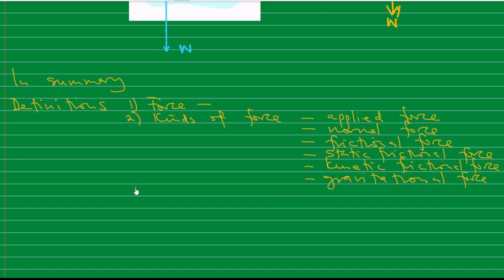We also went on to cover the free body diagram, which is basically a diagram that we draw showing all the forces that are acting on an object. The object is represented by a dot, and the forces are represented by arrows that are pointing away from the object.